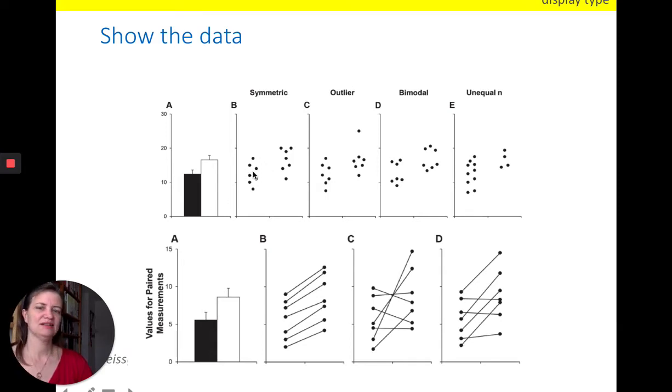However, the data could also have exactly the same distributions, but one of them could have an outlier which is much higher, which would give you two bars of equal height.